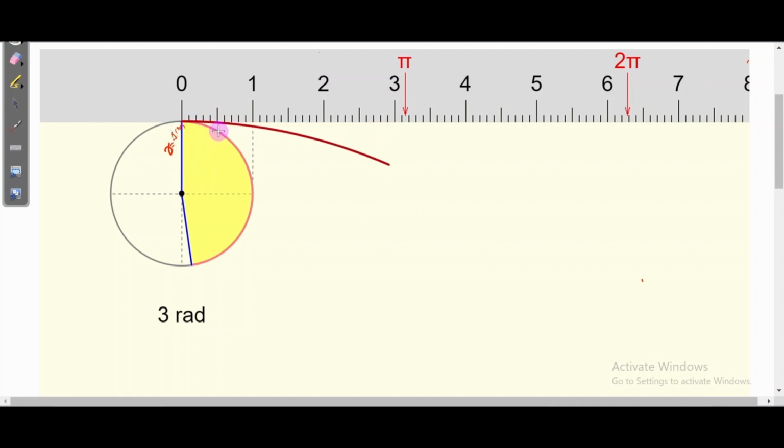For 1 radian, we will take 1 centimeter. For 2 radians, we will take 2 centimeters. For 3 radians, we will take a 3 centimeter arc of this circle. So if we take a 3 centimeter arc, we will reach here.